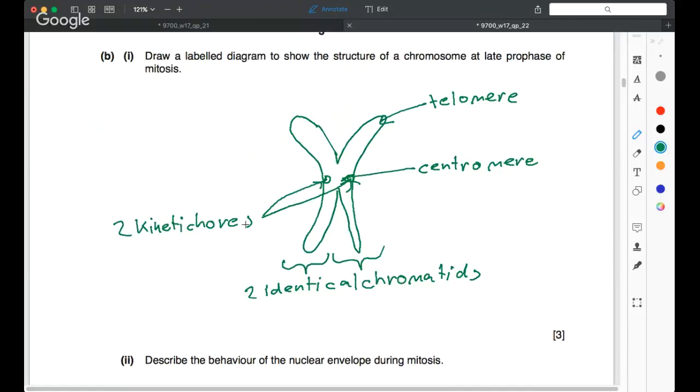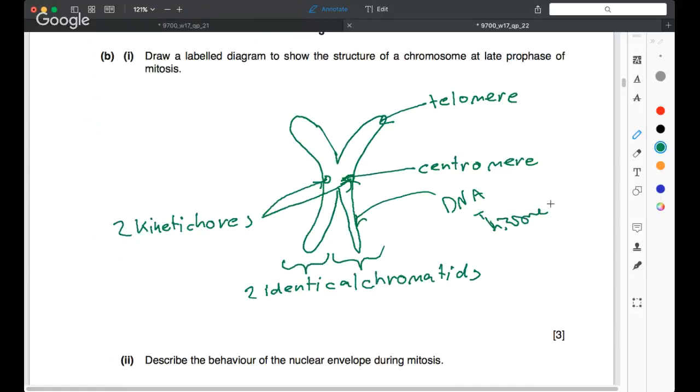Good. So in the marking scheme, they'll give you 1 mark for centromere/kinetochores. You'll get 1 mark for the telomere, and you'll get 1 mark for saying 2 identical or 2 sister chromatids. There's one other additional part you can get by just pointing at the DNA and saying that this is DNA plus histone proteins.